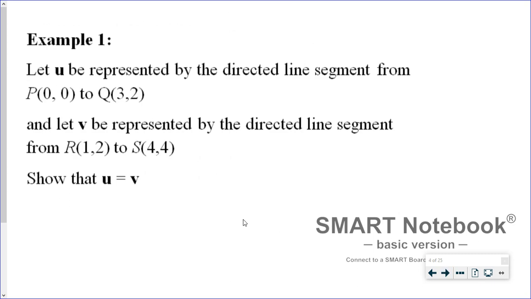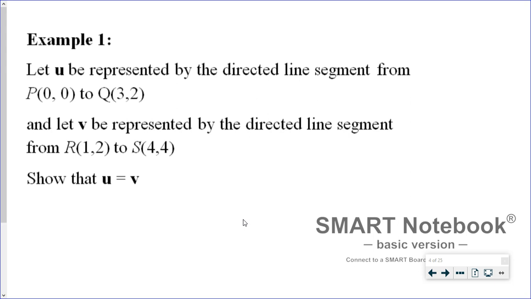So let u be represented by the directed line segment from P, the initial point (0, 0), to Q, the end point (3, 2). And let v be represented by the directed line segment from point R (1, 2) to point S (4, 4).